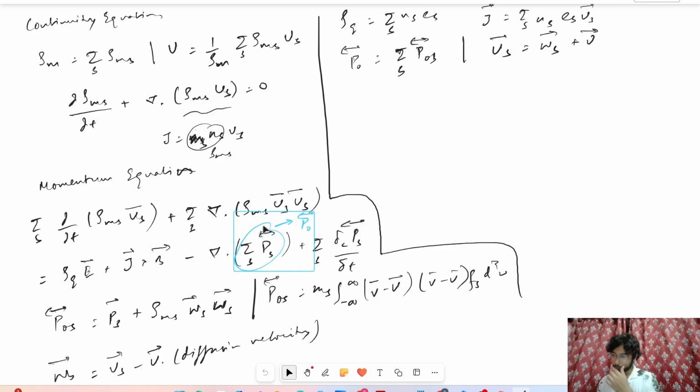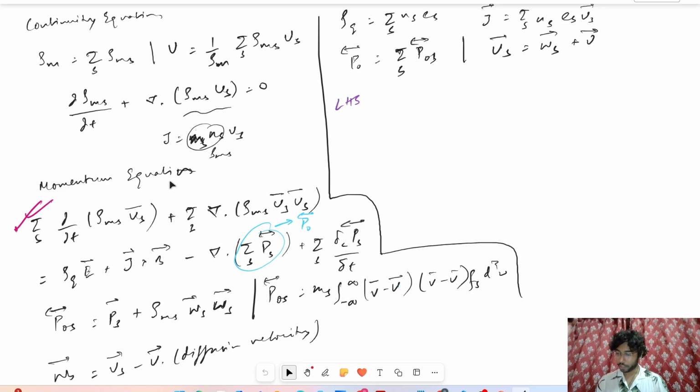WS plus U. So by doing this and using this equation, right? So this is our main equation. This is our main equation.